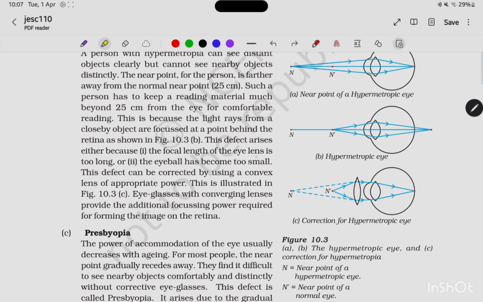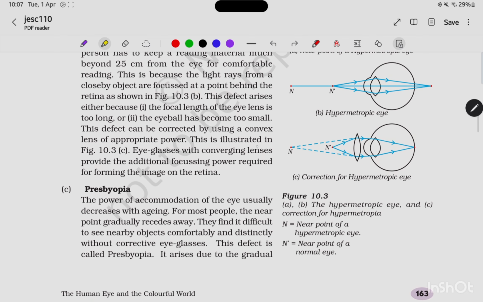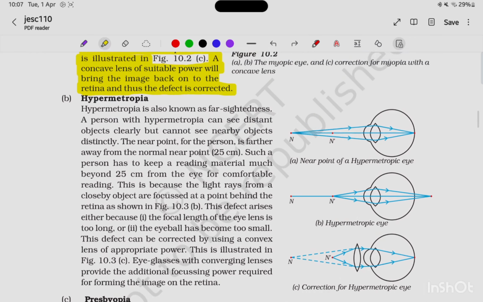Now, this defect arises either because the focal length of the eye lens is too long or the eyeball has become too small. This defect can be corrected by using a convex lens of appropriate power. This is illustrated in figure 10.3c. Eyeglasses with converging lenses provide additional focusing power required for forming the image on the retina.